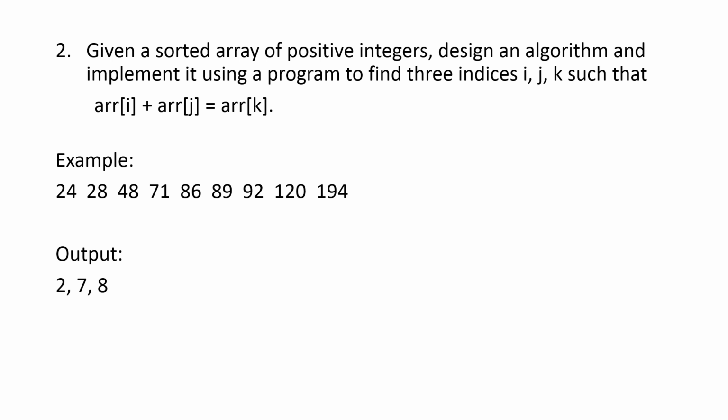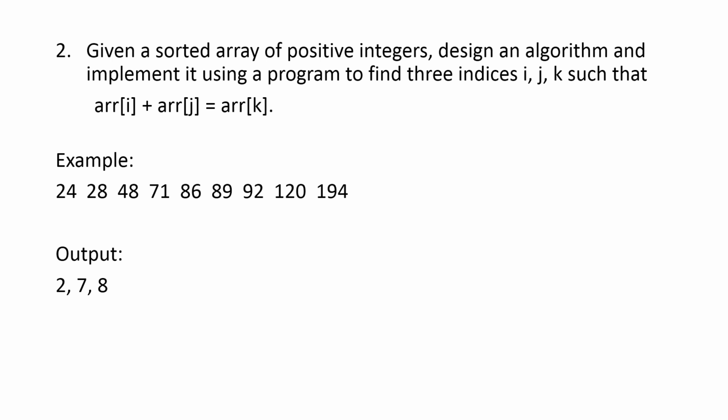For example, my array is 24, 28, 48, 71, 86, 89, 92, 120, 194. So you have to find the indices i, j, k such that array of i plus array of j equals array of k. So what should be the approach here?